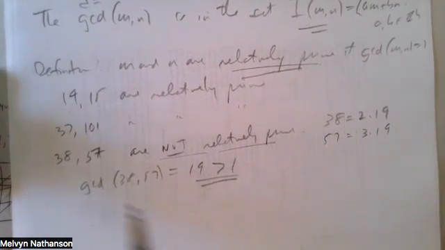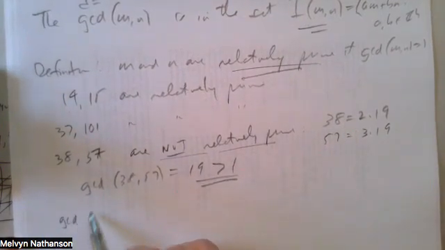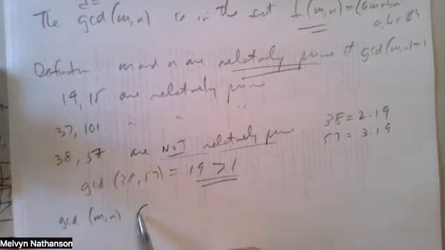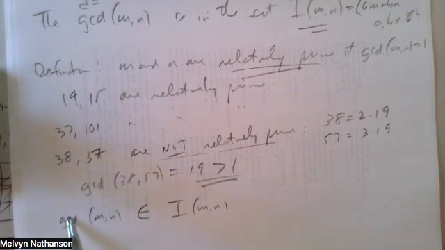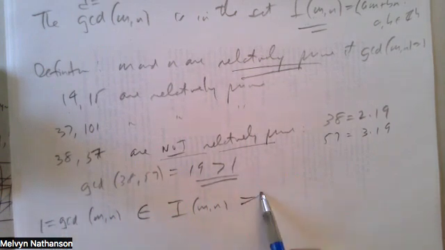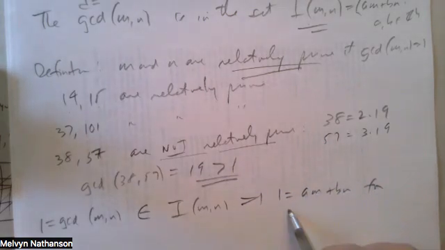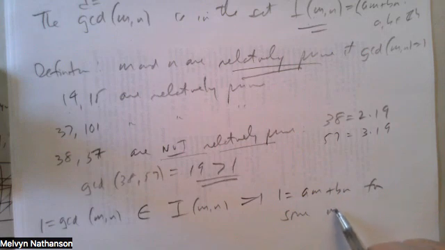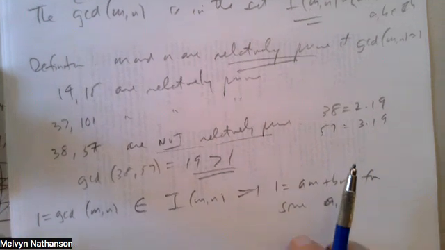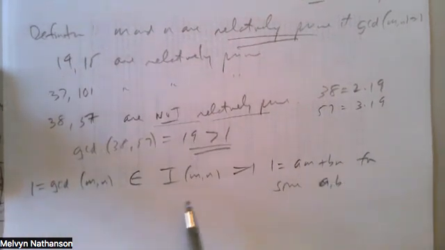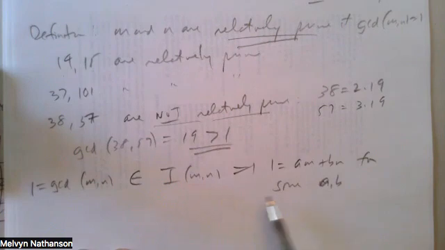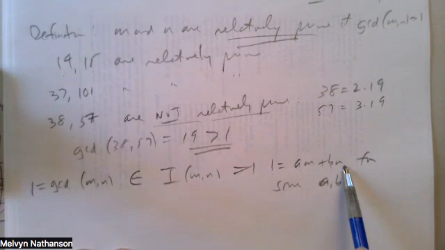Right? And because the greatest common divisor of M and N is an element of the set I of M,N, if the greatest common divisor is 1, that means you can write 1 as AM plus BN for some integers A and B. So this is really a fundamentally important fact. If the greatest common divisor of two integers is 1, then you can write 1 as some integral linear combination of them.